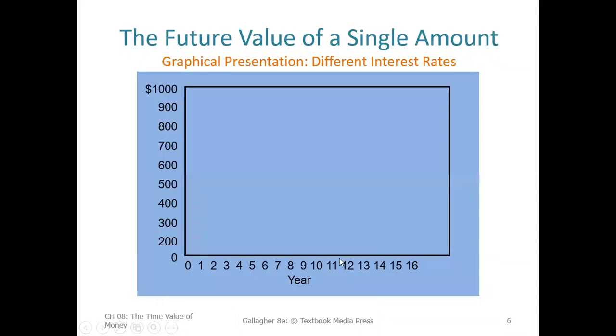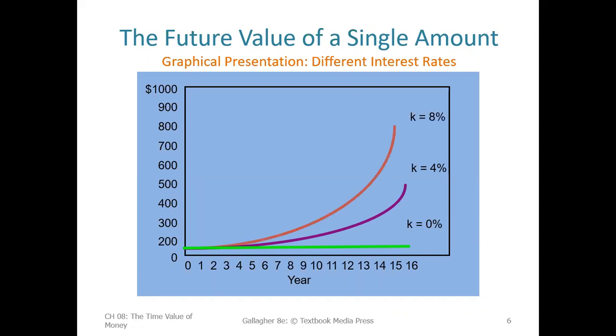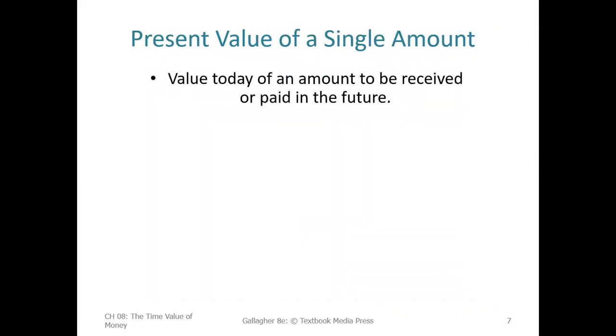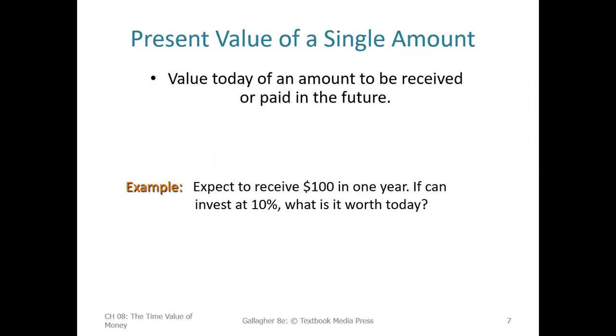So this is the way we use the formula. So we can see the different values you will have after 15 years when the interest rate is different. You can see the higher the interest rate, the higher the value you're going to have after 15 years.